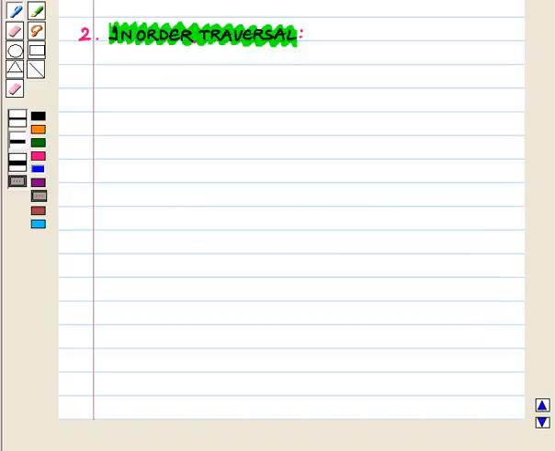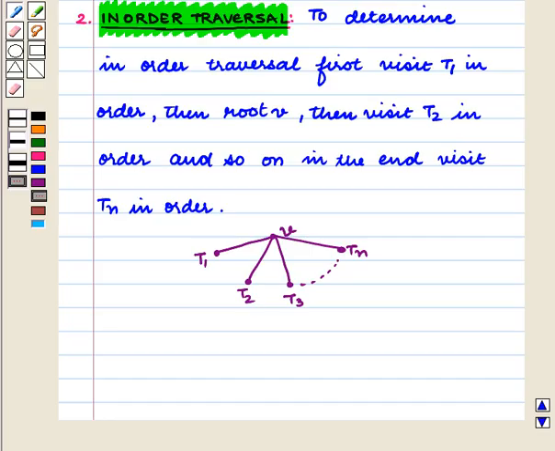Now let us see what in-order traversal is. To determine in-order traversal, first visit T1 in order, then root V, then visit T2 in order, and so on. In the end, visit Tn in order.